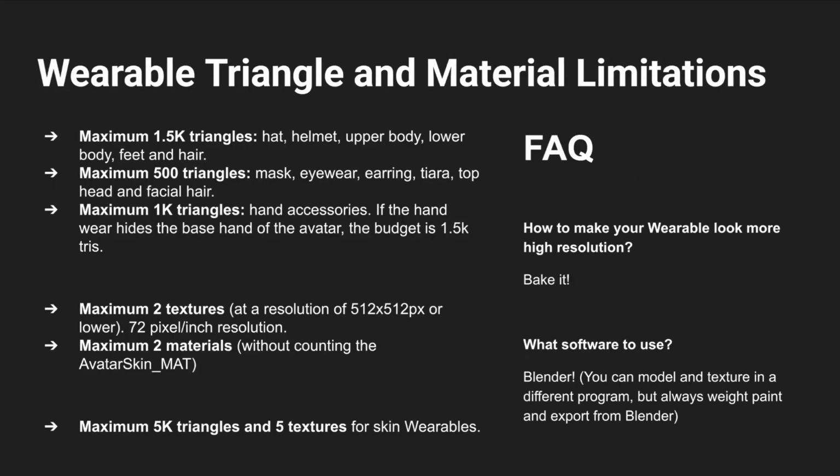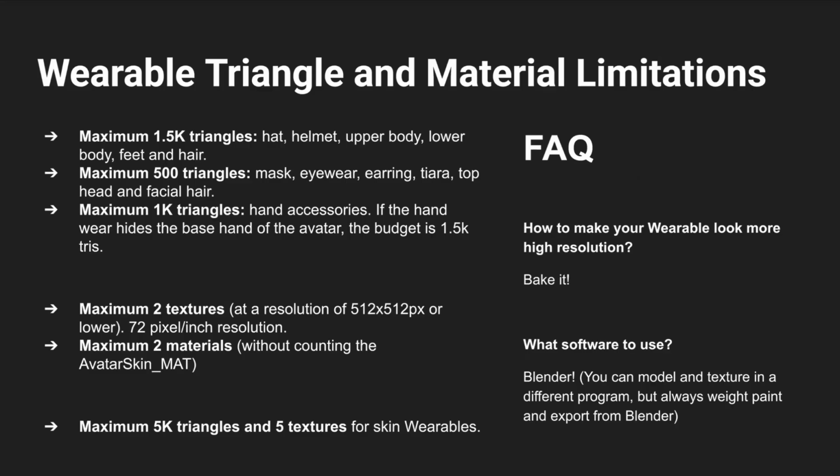Next, this looks a little bit text heavy, but it's actually not so bad. I'm going to walk you through it. When we talk about Decentraland and when we talk about wearables, we need to think about performance and optimization, which any of you who are familiar with programming and computers probably know just how important this is, especially for a system like Decentraland, where the goal is to have a massive place with tons and tons of people loaded in at the same time, and everyone should run smoothly and have good performance.